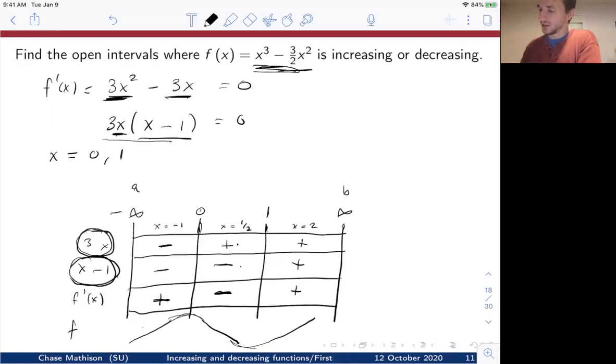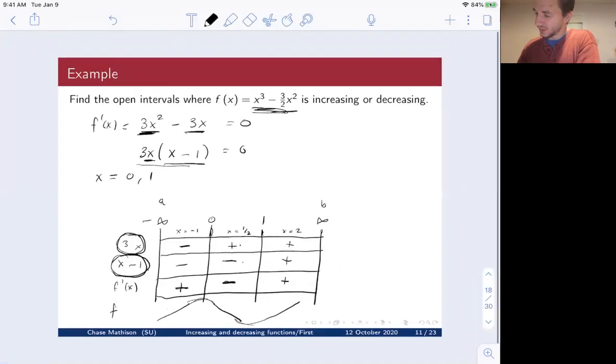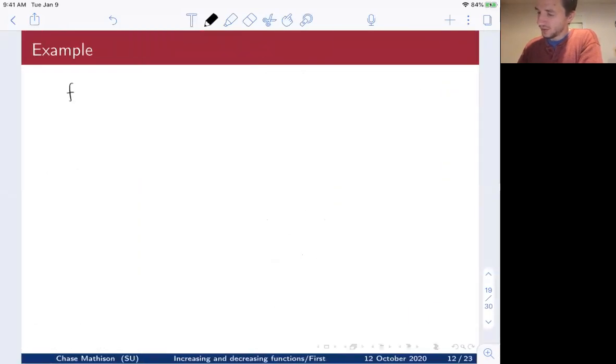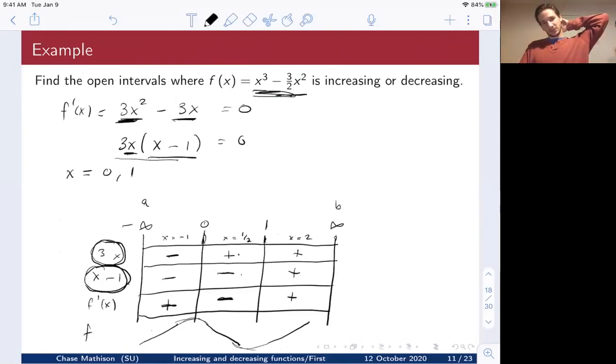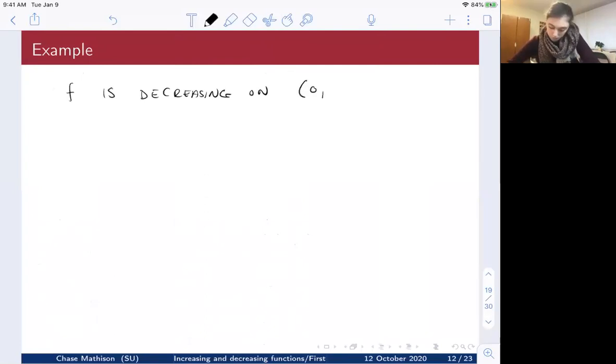So our final answer then for this problem: f is, I'll do decreasing first, decreasing on what interval? 0 to 1. 0 to 1, perfect.